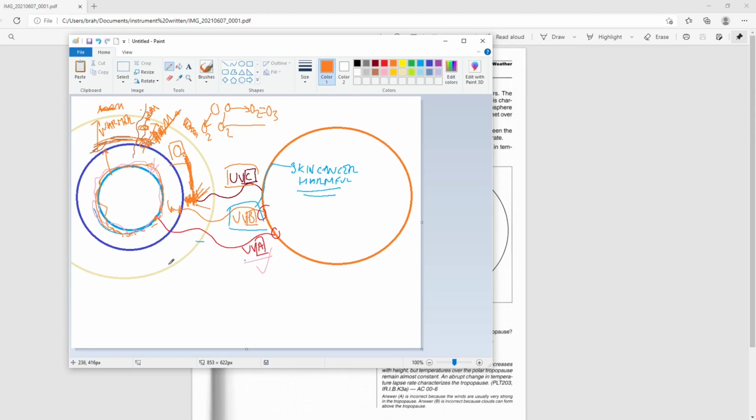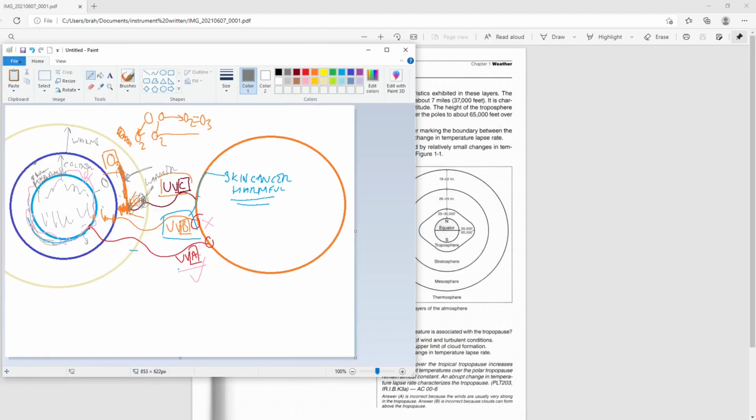It's going to be nice and toasty. And then you've got the UVB rays here, but they're not being absorbed by really anything. So what happens is you've got this heat and you start losing that as you move up. And it's only once you break through the tropopause where you start feeling the warmth again.